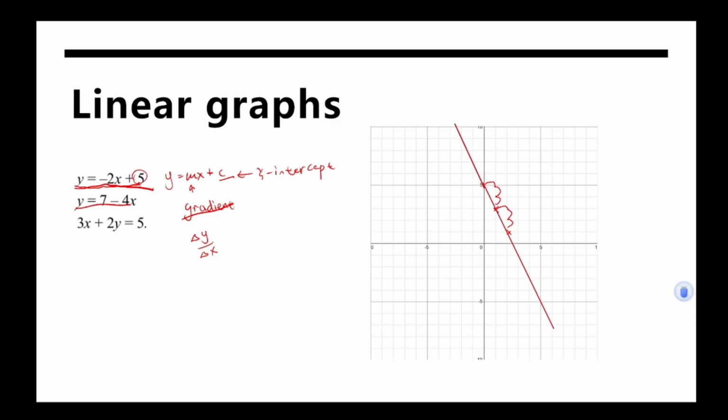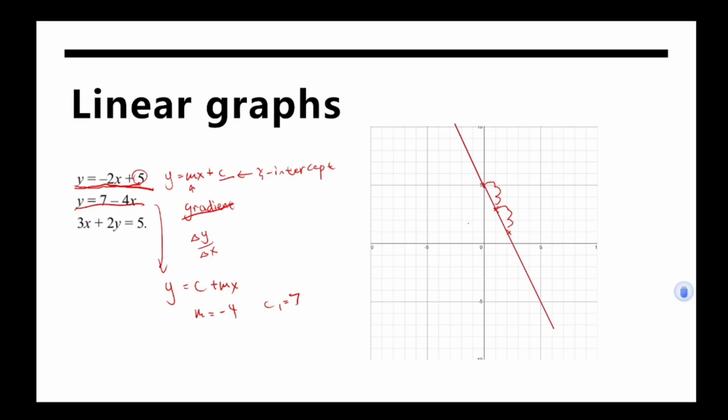Now moving on to the second example, y equals 7 minus 4x. It's still in the slope-intercept form, but reversed. So it is now y equals c plus mx. So we know that m, the gradient, is -4, and c, the y-intercept, is 7.